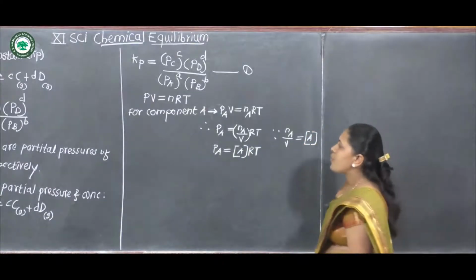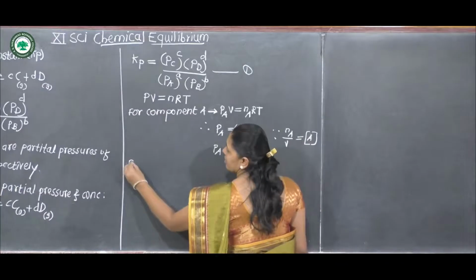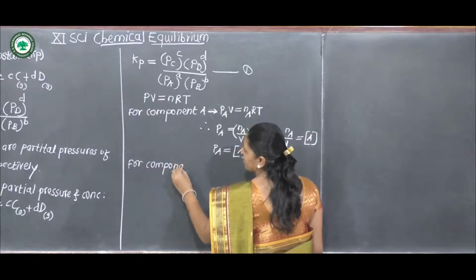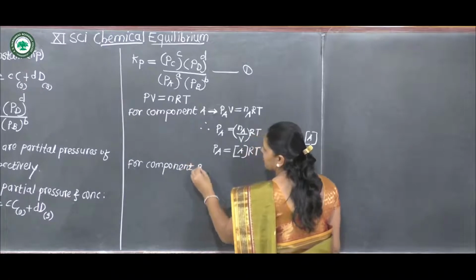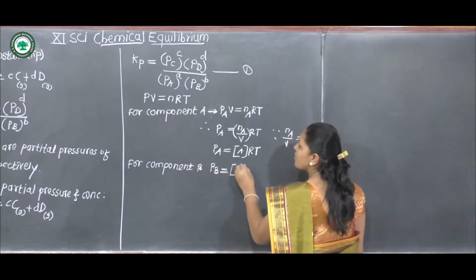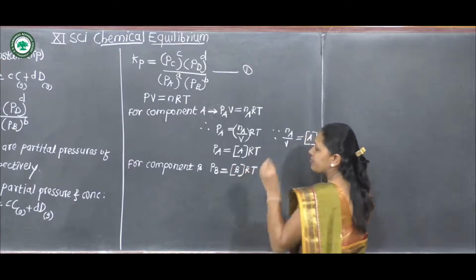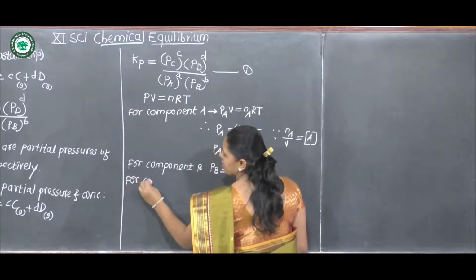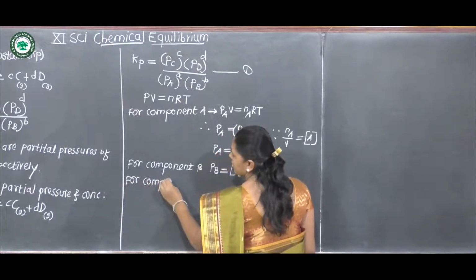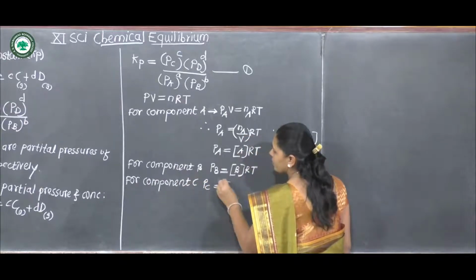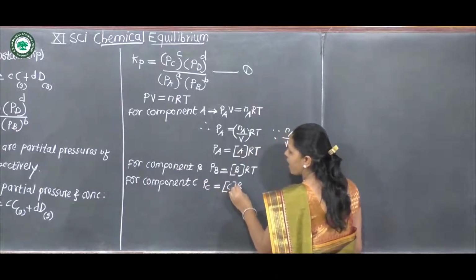Similarly, for component B, PB is equal to concentration of B into RT. For component C, PC is equal to concentration of C into RT.